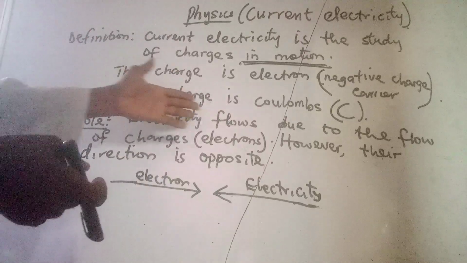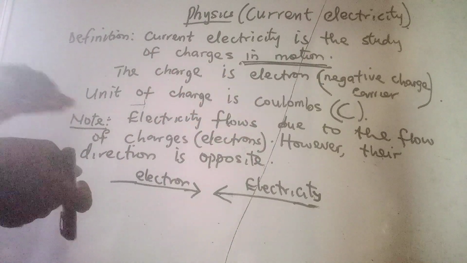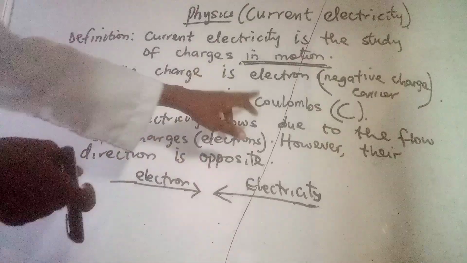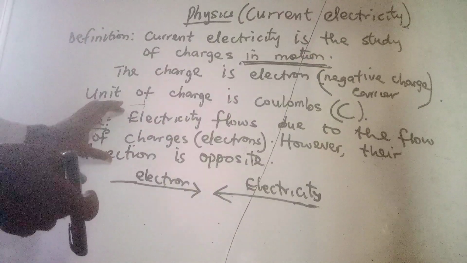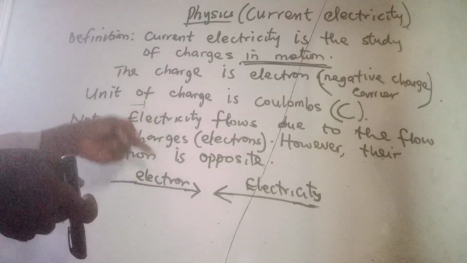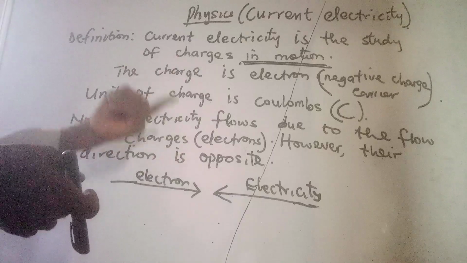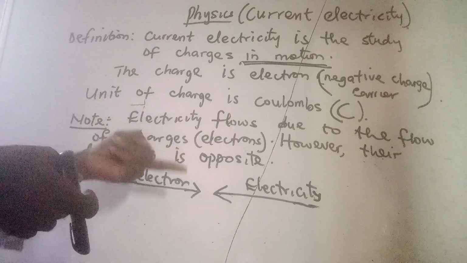And the unit of charge is coulombs. Any type of charge, either positive or negative, the unit is what? Coulombs. All right. One thing you need to take note of is that it is the flow of electron that causes electricity to flow. That means no electron flow, no electricity.